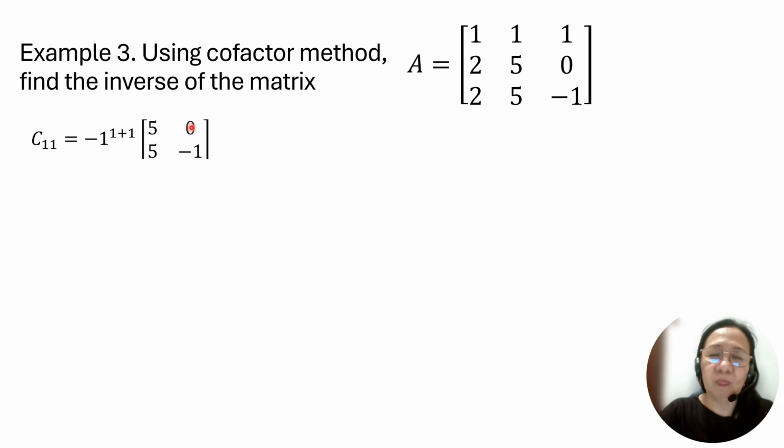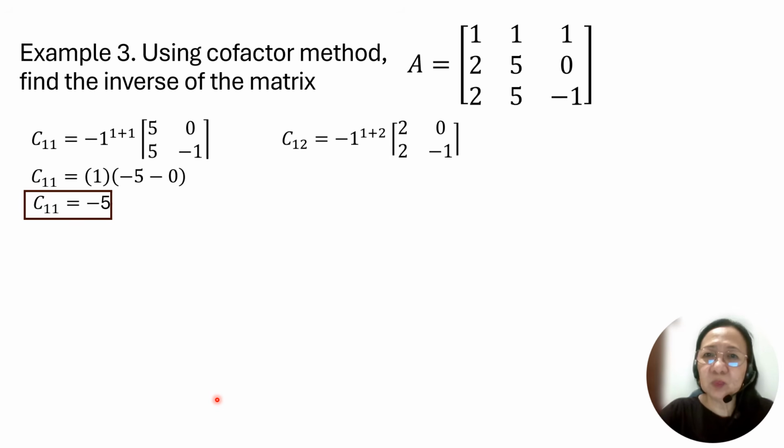Next, what will be the sign? 1 plus 1 is 2, and that is even, so we have positive 1 here. Then 5 times negative 1 is negative 5, 5 times 0 is 0. So negative 5 times 1, we have a negative 5 for our C sub 11.